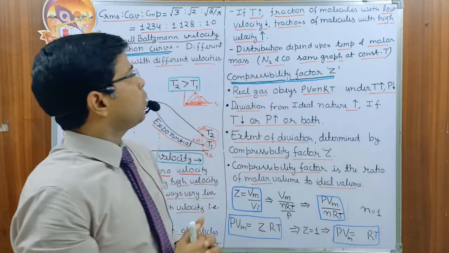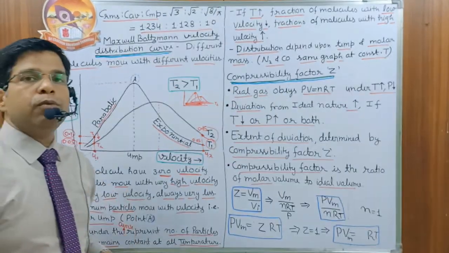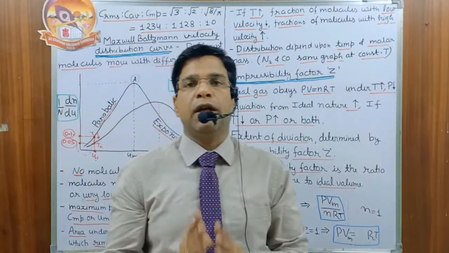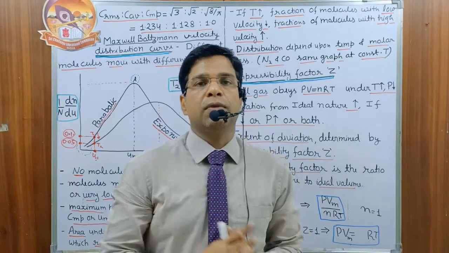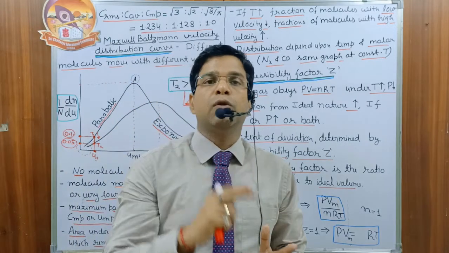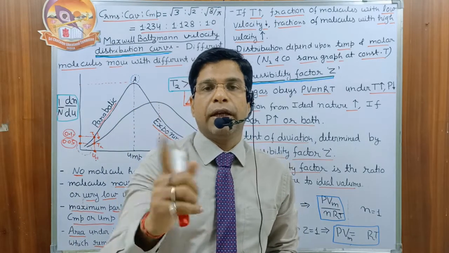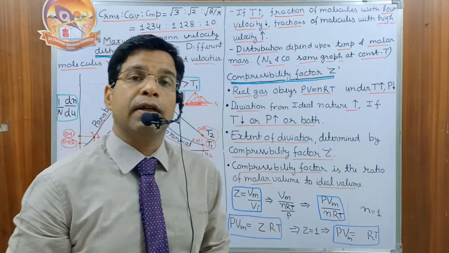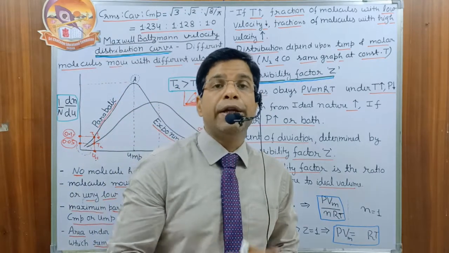The next point, which is very important: the distribution depends upon the temperature and the molar mass. The nature of the graph depends upon the temperature and molar mass. If two gases are given to you, one carbon monoxide and one nitrogen, both have the same molar mass, 28 gram.